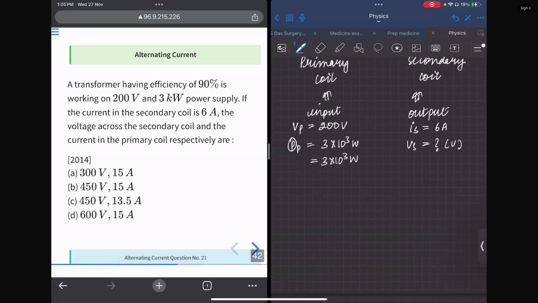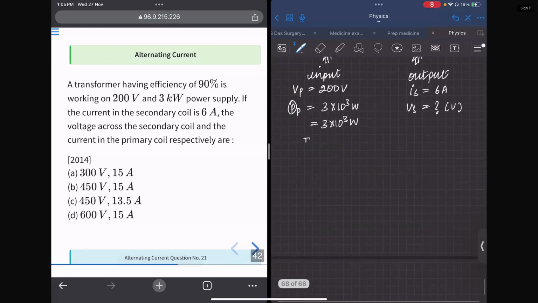Okay. So we know that efficiency for a transformer is power delivered at the secondary coil upon power at primary coil. So power we know is equal to VI.